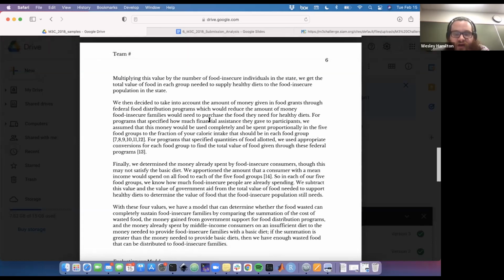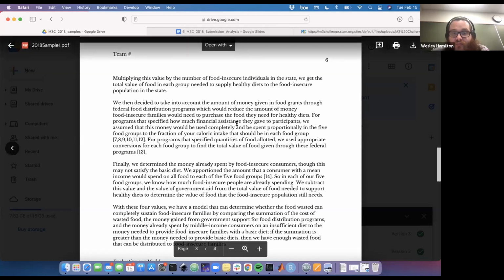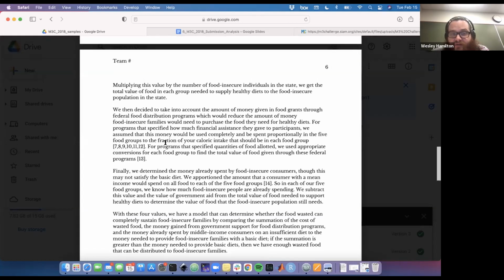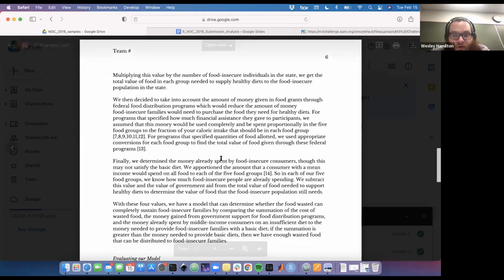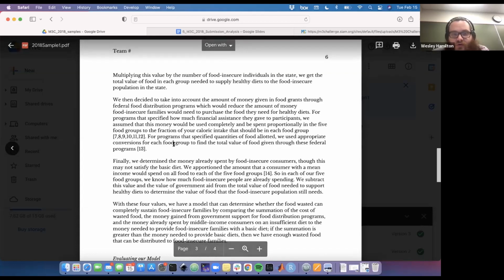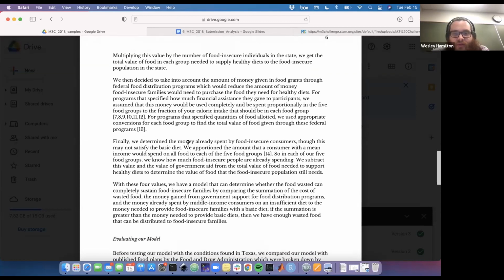Programs that specified how much financial assistance they gave to participants, we assume that this money would be used completely and spent proportionally in the 5 food groups. For programs that specified quantities of food allotted, we used appropriate conversions for each food group. Finally, we determined the money already spent by food insecure consumers.